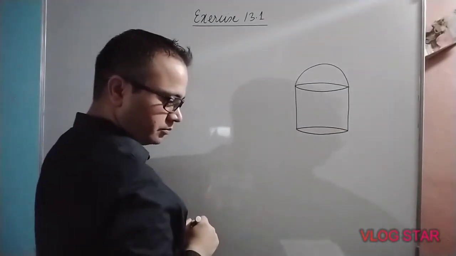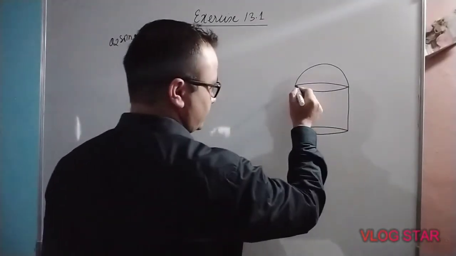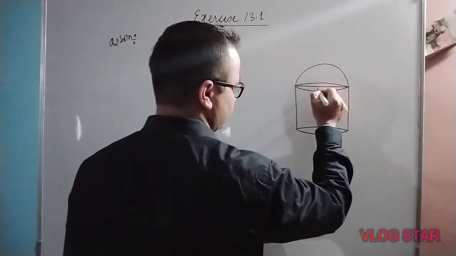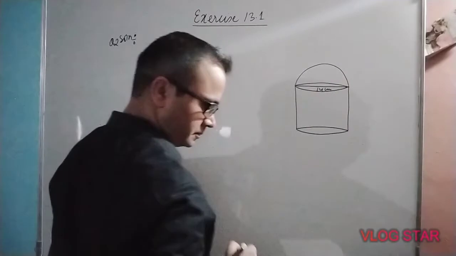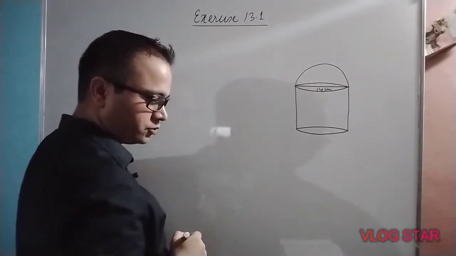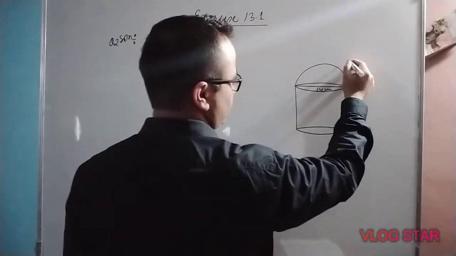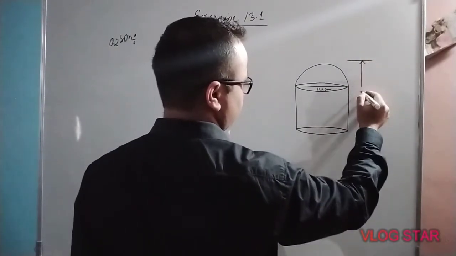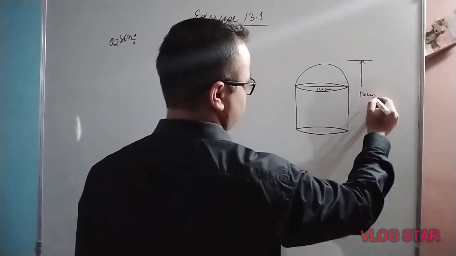The diameter of the hemisphere is 14 centimeters, and the total height of the vessel is 13 centimeter.